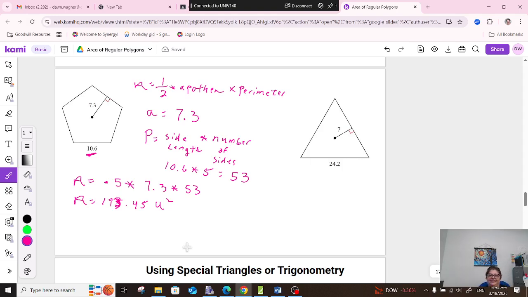So over here, A is equal to 7. P is equal to 24.2 times 3. Right? So this was 72.6.